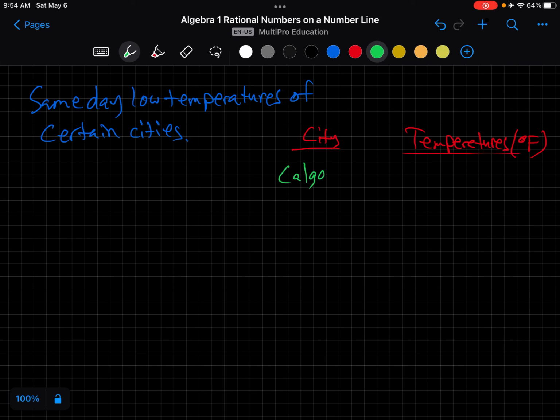We're going to look at a pretty cold place here. Let's look at Calgary, Edmonton, and Toronto. And we'll say on the same day, the low temperatures were negative 40 degrees Fahrenheit, brr, negative 55 degrees Fahrenheit, brr, and negative 20 degrees Fahrenheit, brr. Okay, these are some cold temperatures.